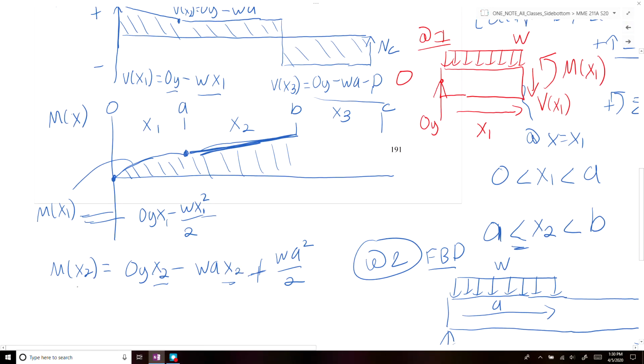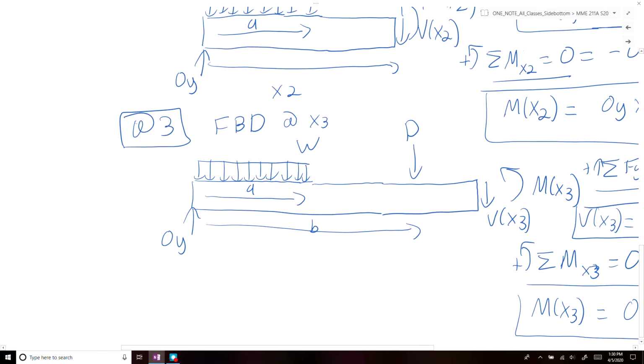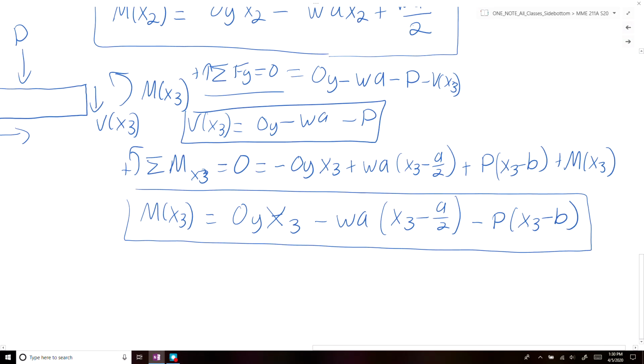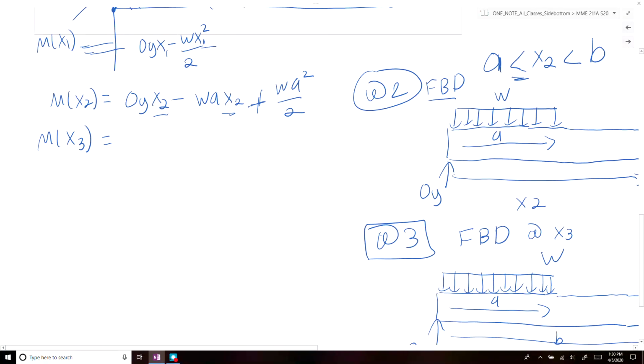And then our last thing we have will be the moment x3. So that would be from the last section cut we took. All right, so this is our equation here. We're going to copy it over here.